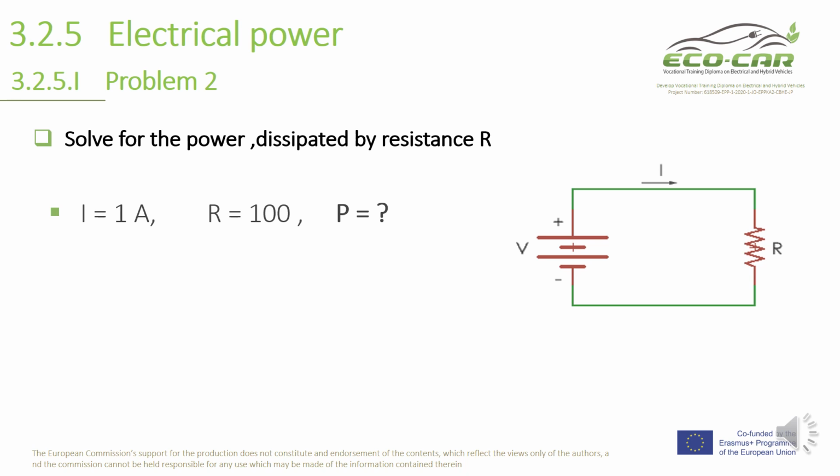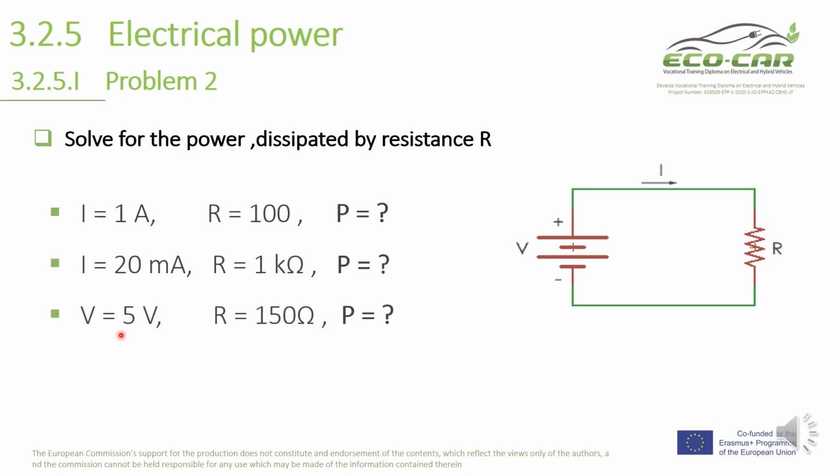So what is the power? If the current is decreased to 20 milliamps and the resistance increased to 1 kilo ohm, what is the power?